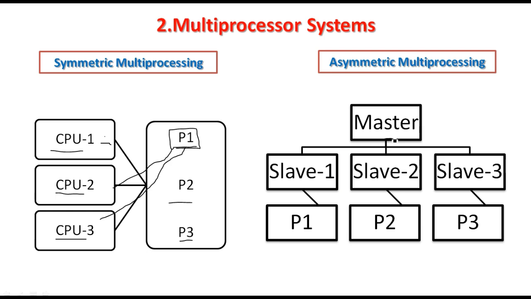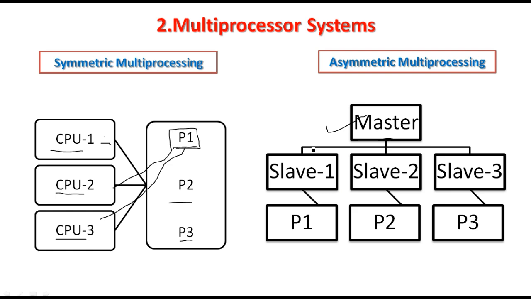Whereas on the other side, there is a master-slave category in asymmetric multiprocessing. One is a master processor that controls the system, and the other processors either look to the master for instructions or have a predefined task. Those are slaves.